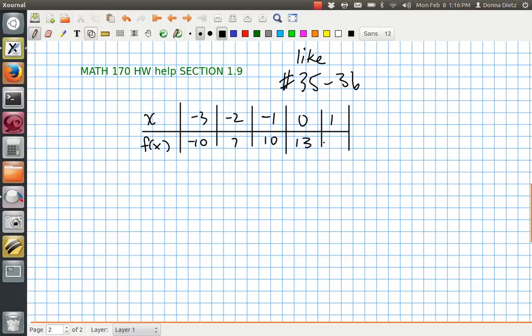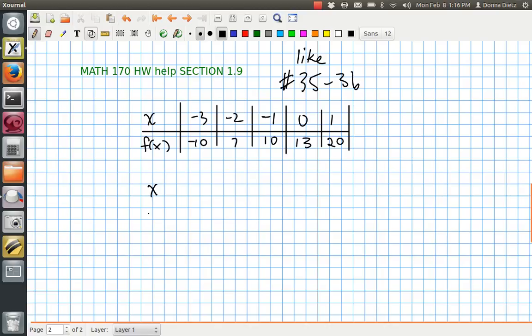It has to be strictly increasing or strictly decreasing, or else this isn't going to work. If the function is not strictly increasing or strictly decreasing, then you can't invert it. Okay, so it says complete a table for f inverse.